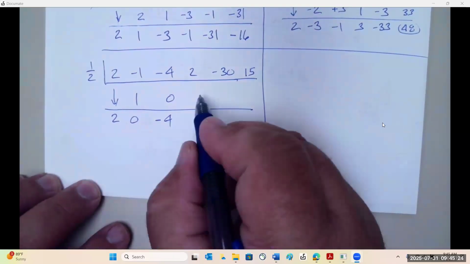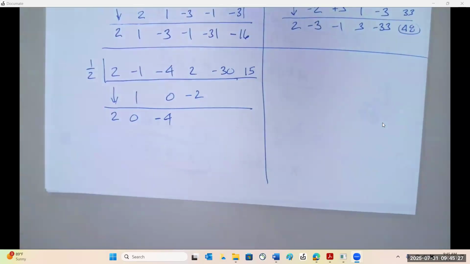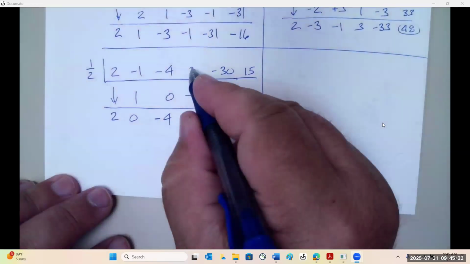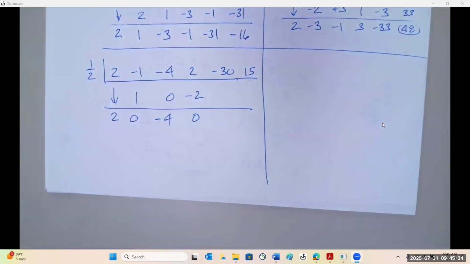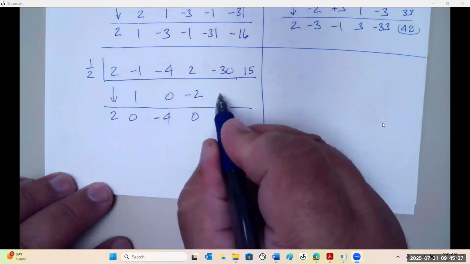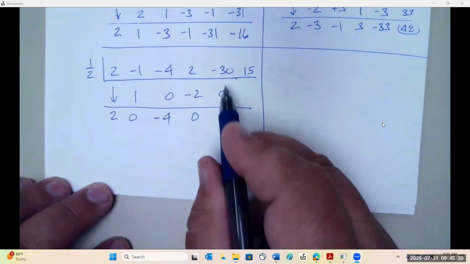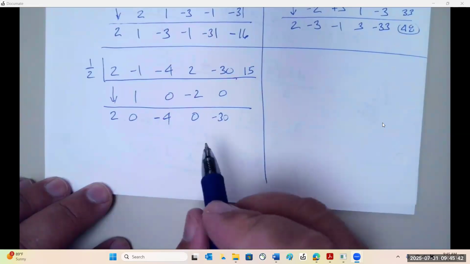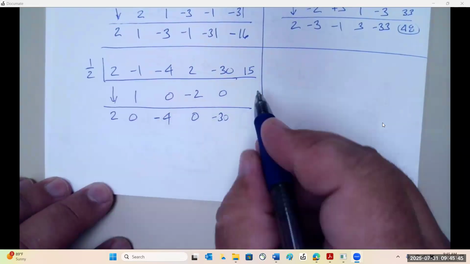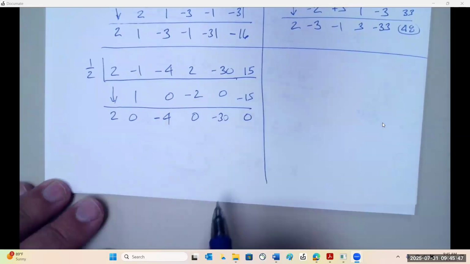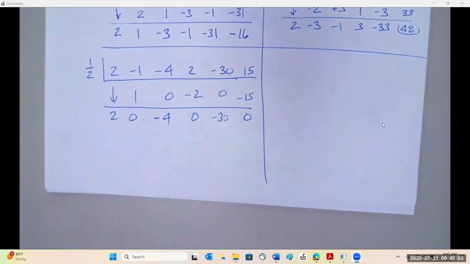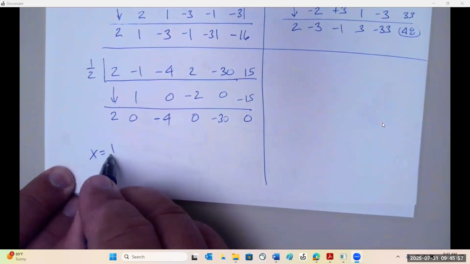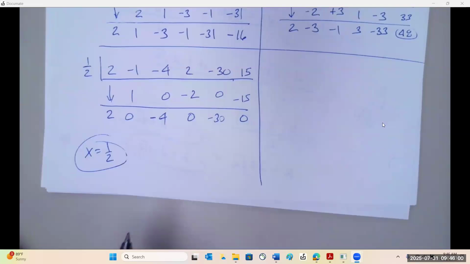Yes, somebody knows it. It's negative 2 in this case. 4 divided by 2 is 2, ladies and gentlemen. 2 minus 2 is 0. 1/2 times 0 is 0. Negative 30 plus 0 is negative 30. Half of negative 30 is negative 15. So x equals 1/2 is my first factor.